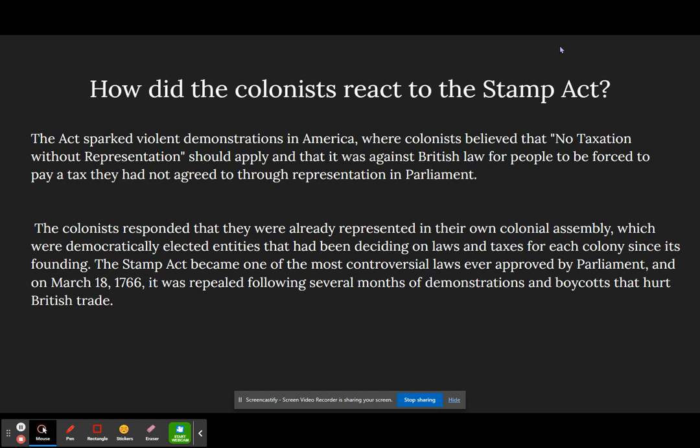The colonists responded that they were already represented in their own colonial assembly, which were democratically elected entities that could decide on laws and taxes for each colony since its founding. The Stamp Act became one of the most controversial laws ever approved by Parliament, and on March 18, 1766, it was repealed following several months of demonstration and boycott that hurt British trade.